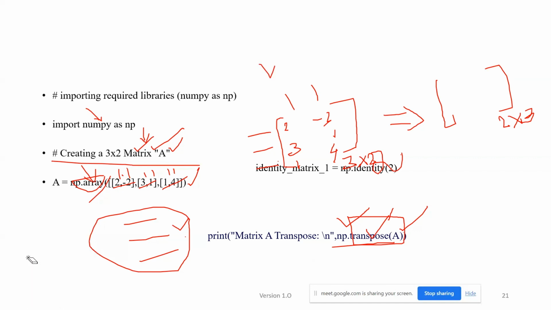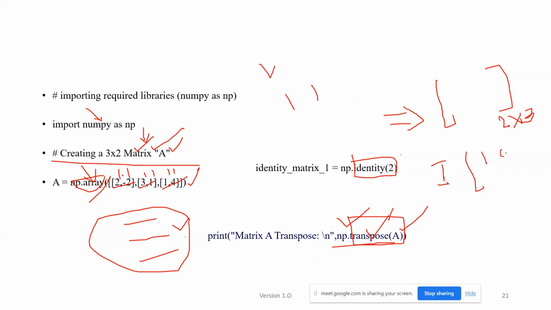Another type of matrix is the identity matrix. How do we define an identity matrix? We have a function in Python, identity, which creates the identity matrix I. Identity of 2 means it creates a 2 by 2 matrix.